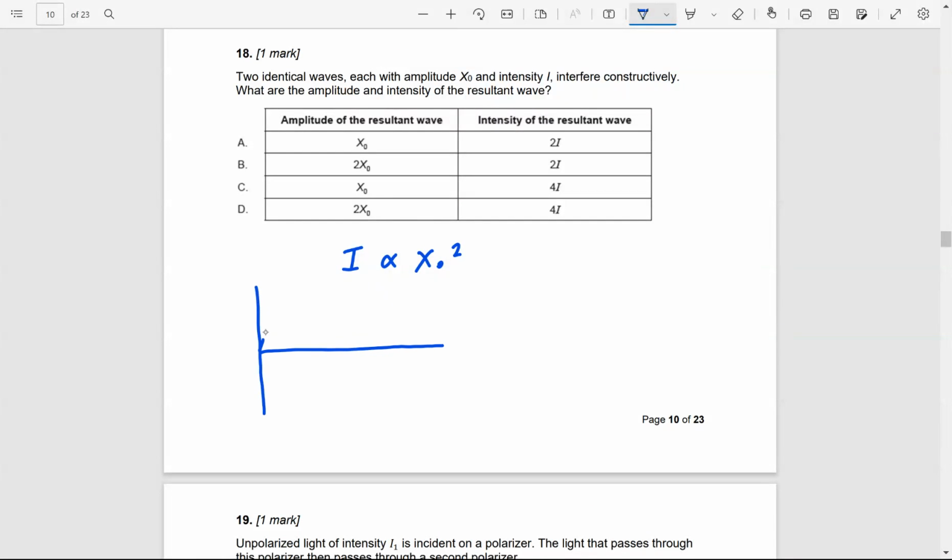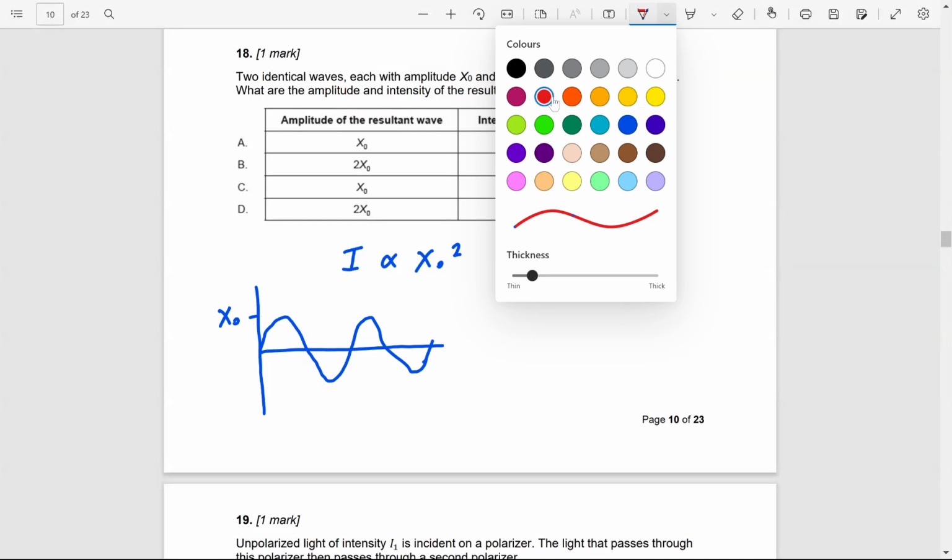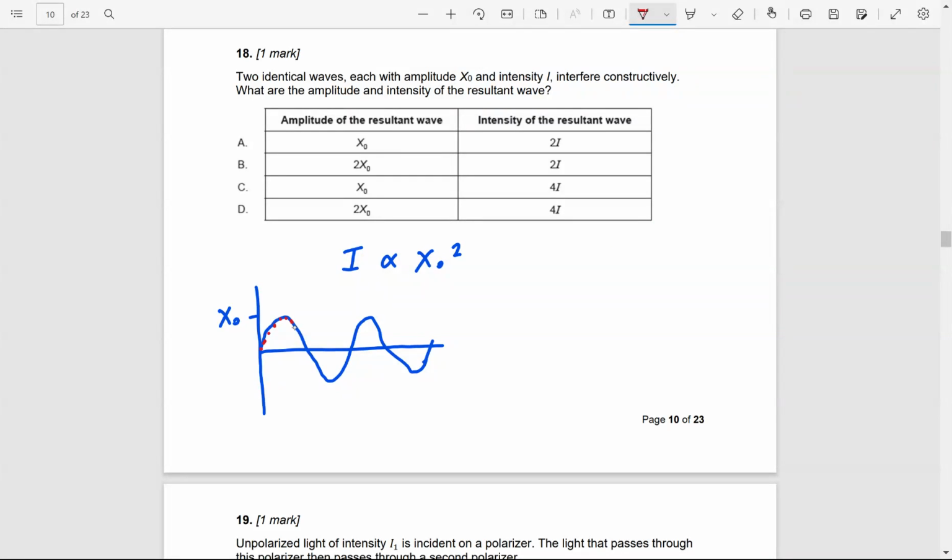We've got an initial wave like that, with amplitude x0, and then we've got a second wave which is the same. Let's dot over it with red, and also has x0. So if they're interfering constructively, it means the resultant wave is going to look like this, and it's going to be 2x0. So it's one of these.